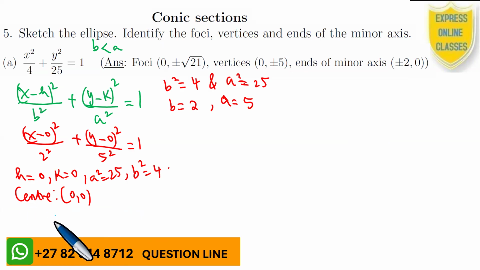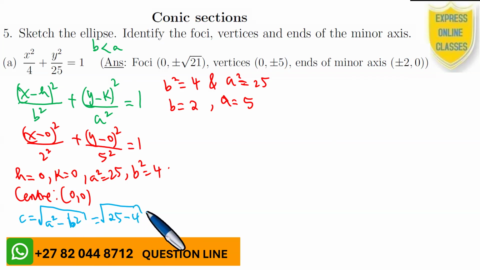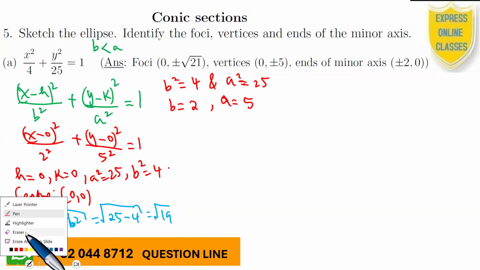Then we must get the value of c here. For the ellipse, we know that c is the square root of the biggest one, a squared, minus the smallest, b squared. A squared is 25 minus 4, which is 21, excuse me.